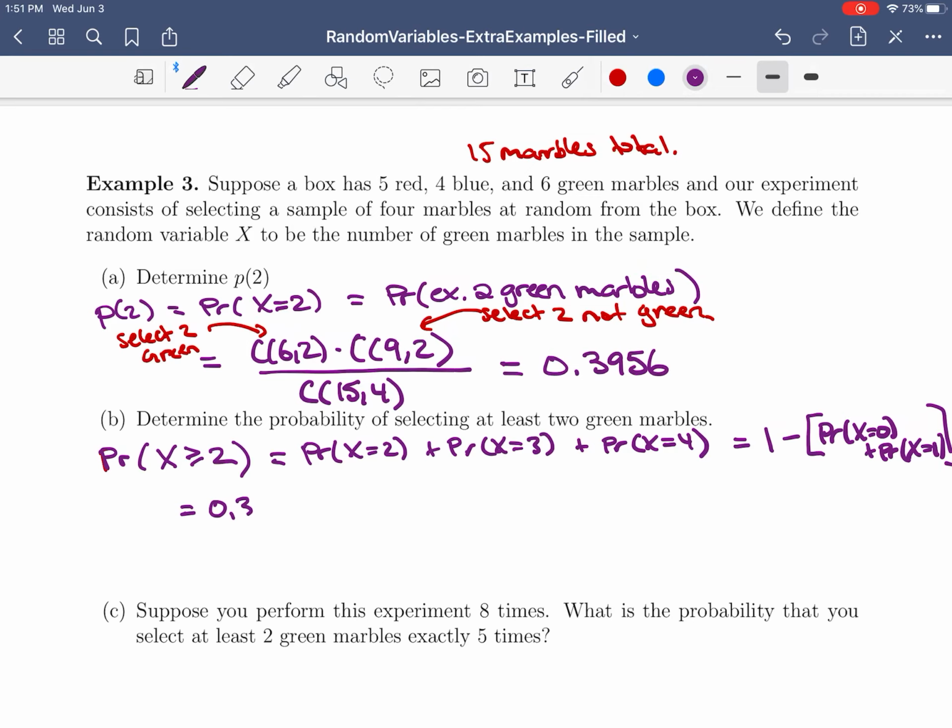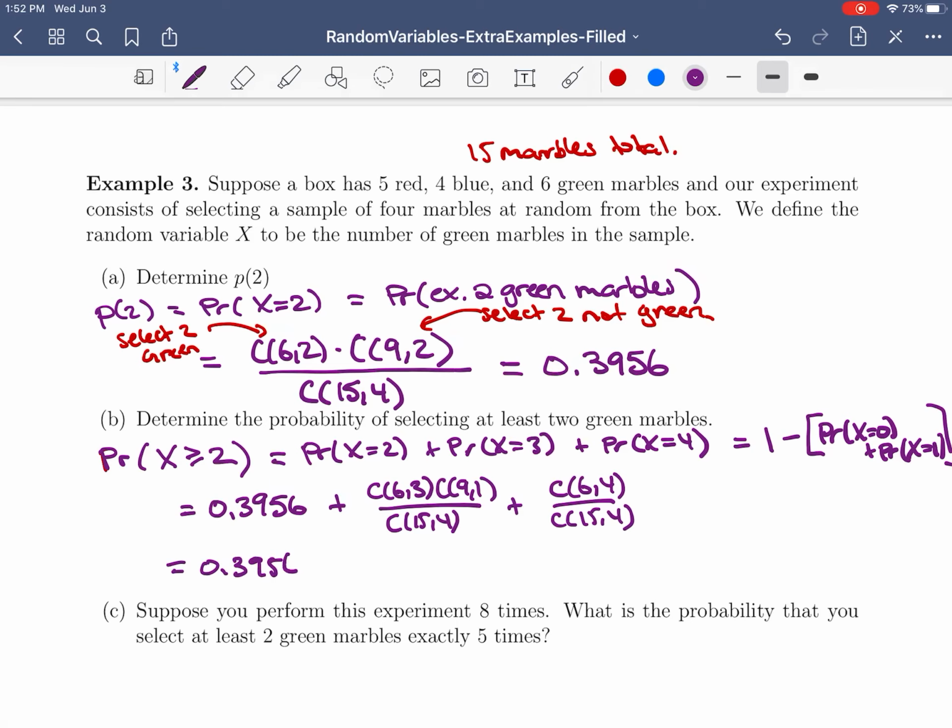So we already know the X equals 2 case. Now I'm going to add the 3 case. So that's going to be 6 choose 3 times 9 choose 1 over 15 choose 4. And then I'm going to have all my 4 coming from the greens. Okay, so if we compute this, this one here is 0.1319.